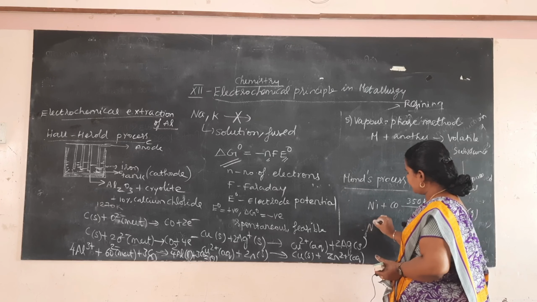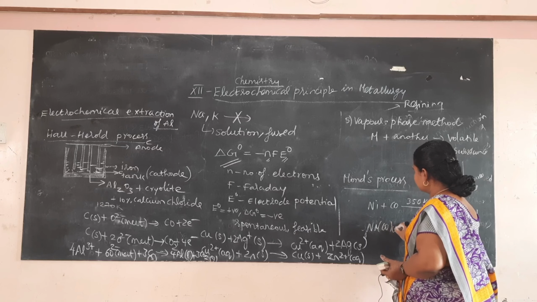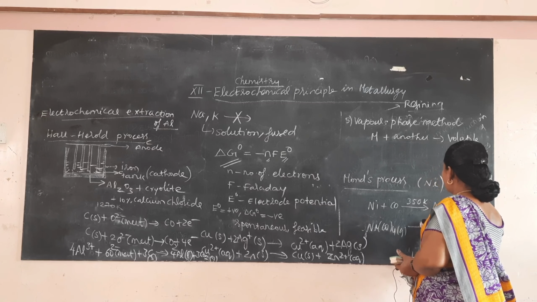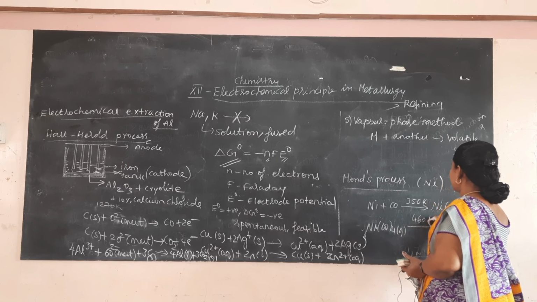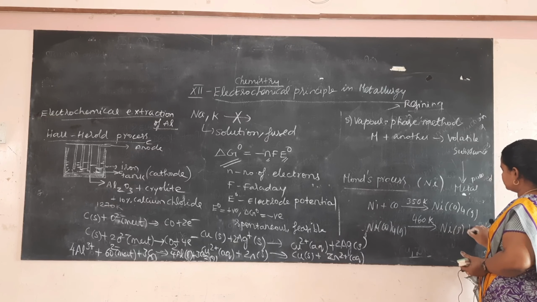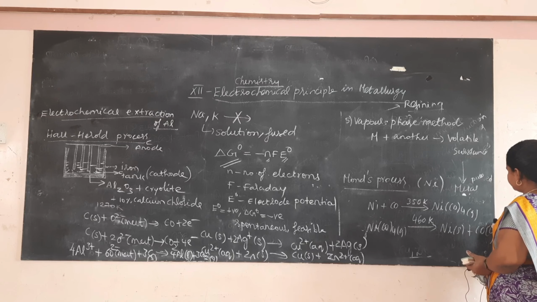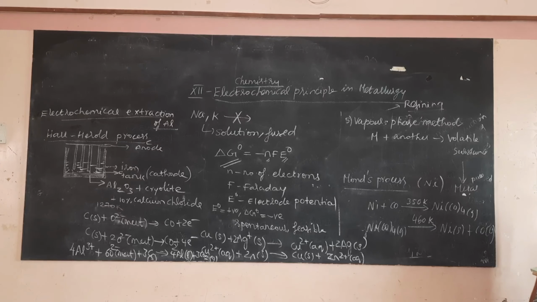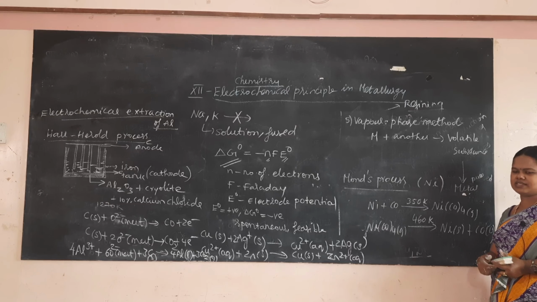When this nickel tetracarbonyl is heated at 460 Kelvin, it forms pure nickel. So this is our Mond's process.